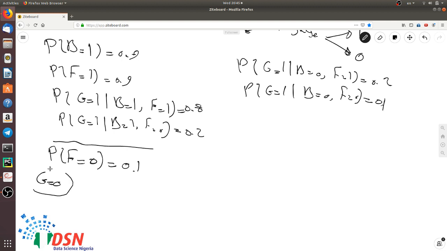So we read the gauge. Let's say this is the gauge, here is 1, here is 0, and the gauge is 0.